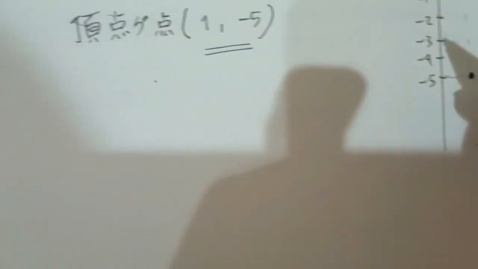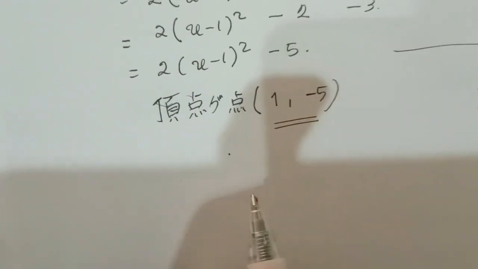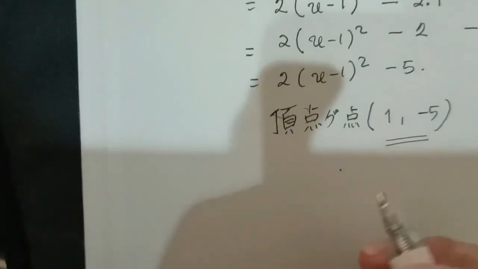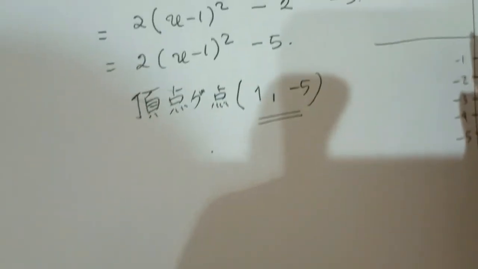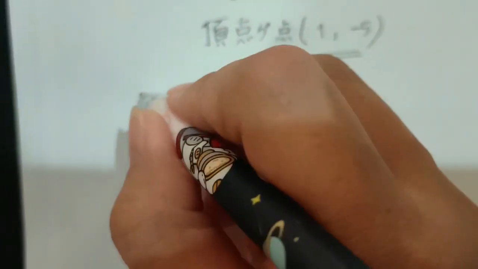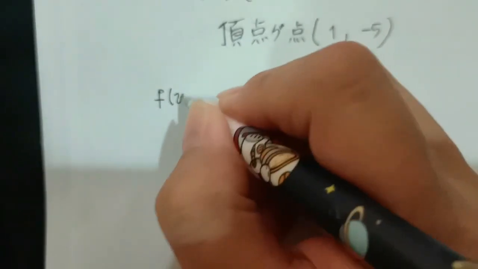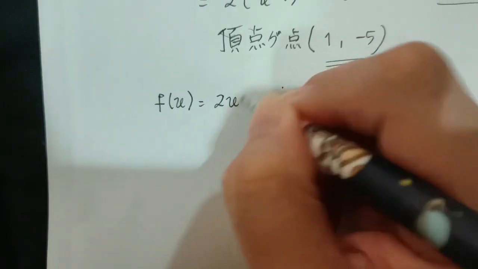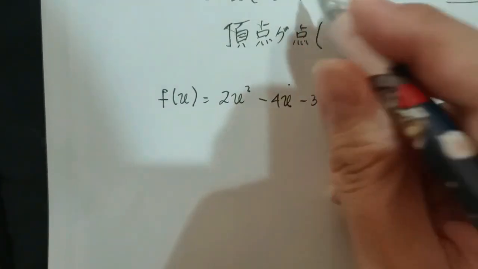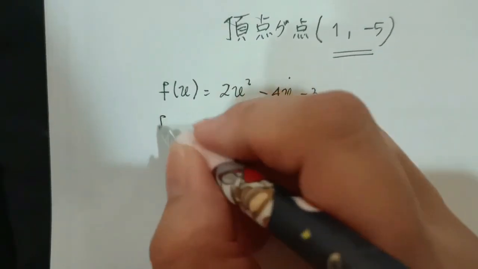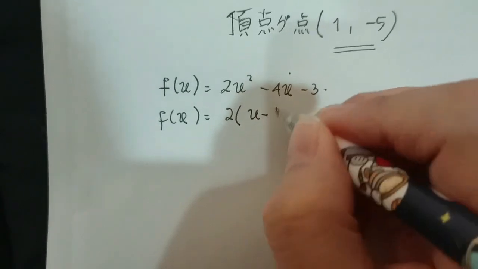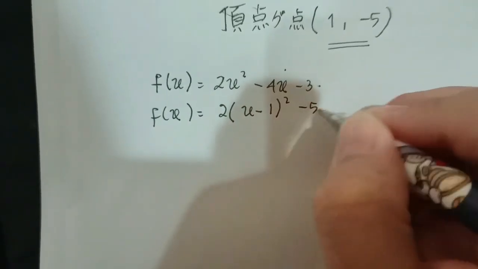In order to draw the graph, you have to have another dot to make it better. So let's try if the x is 0. If the x is 0, as usual, we are going to replace it in f(x) = 2x² - 4x - 3. Or we can use this one, f(x) = 2(x - 1)² - 5.